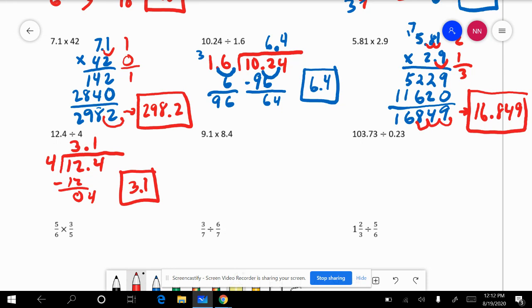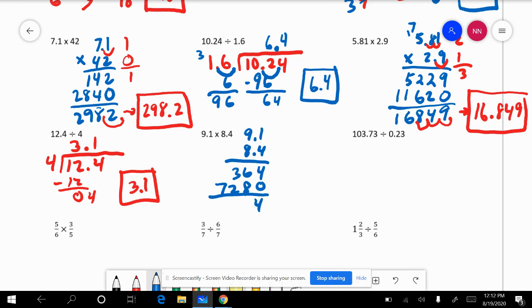For the multiplication, I have the 9.1. I'm timesing 8.4. 4 times 1 is 4. 4 times 9 is 36. Put a 0 for the placeholder. 8 times 1 is 8. 8 times 9 is 72.